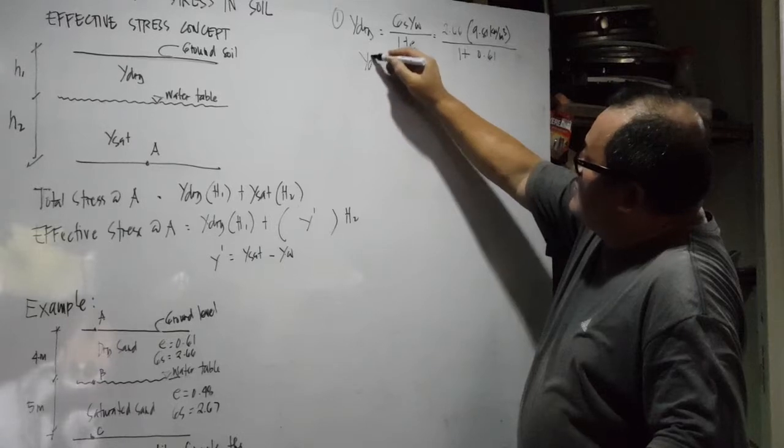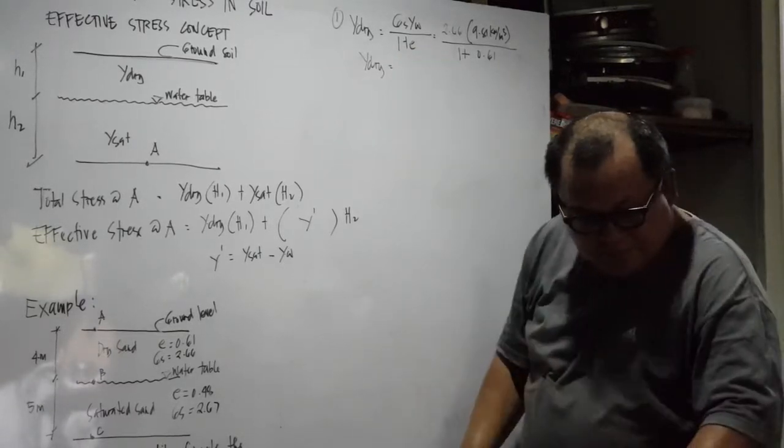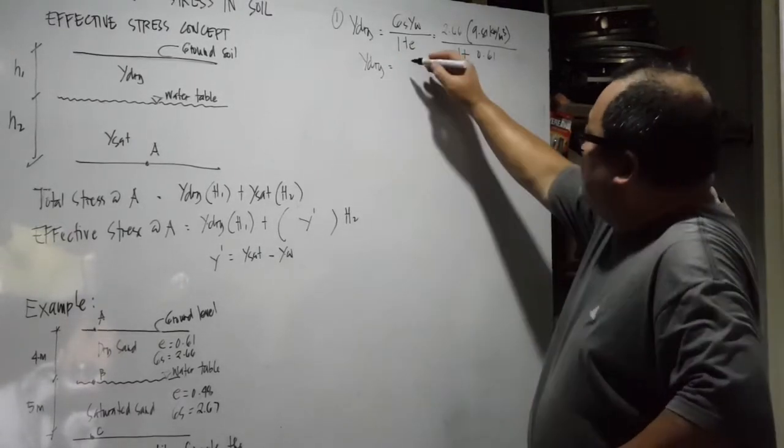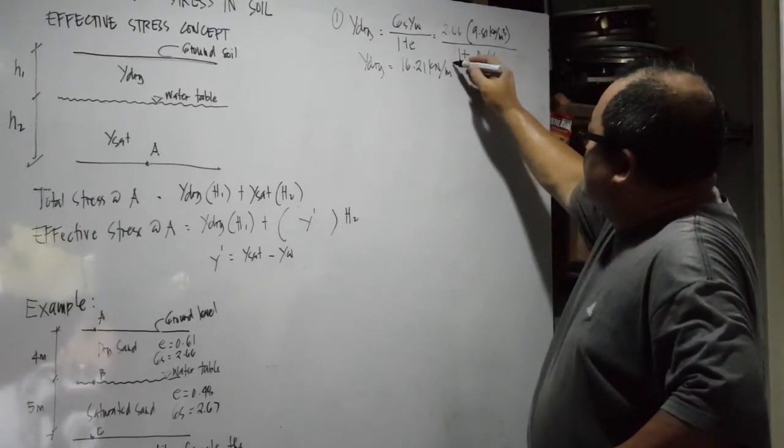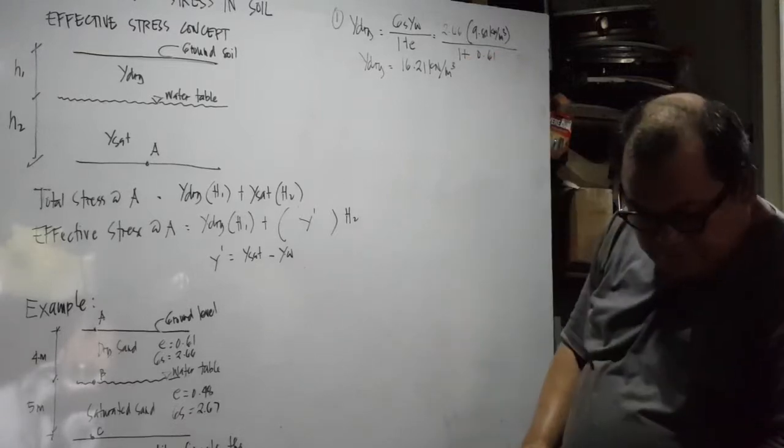Y dry is equal to 16.21 kilonewton per cubic meter.